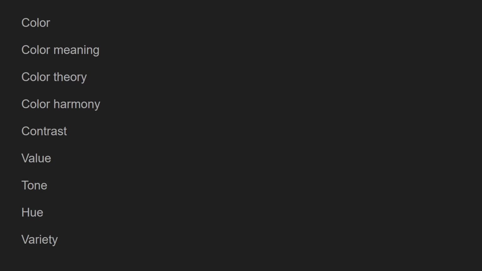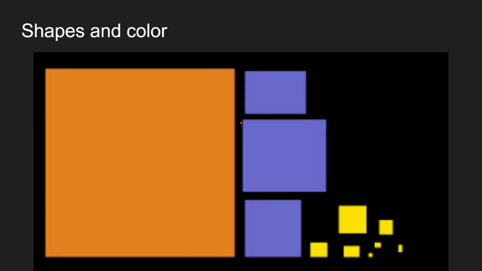I don't have the percentages memorized, but you want something along those lines, where you have a dominant color, a primary color, a secondary color, and a tertiary color. Tertiary basically just means a third or the smallest color. So you can have big, medium, and small, which is what we're talking about with the next part, which is shapes, right here.